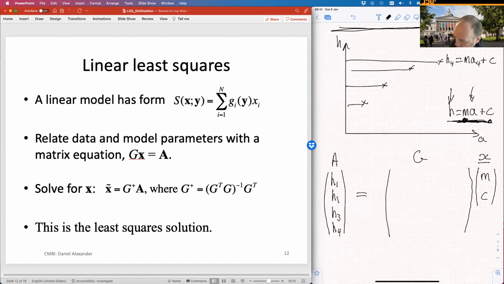So I can write then the first row of our G matrix corresponding to measurement number 1 would just be the first age and the number 1. And similarly, the whole of the first column is the ages corresponding to each of those measurements, and the second column is just a column of ones. Okay, so that would be the design matrix for that simple line model of the ages.